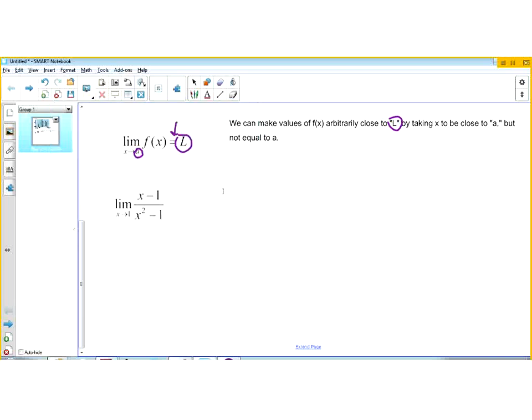Okay, so what is this limit? How do we know what this limit is? Well, clearly, x cannot be 1 because 1 is not in the domain of f of x. So how do we deal with this?